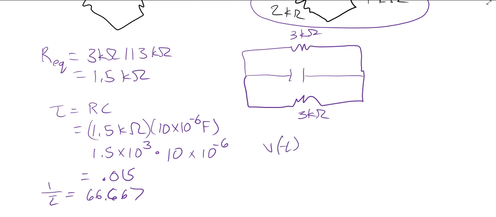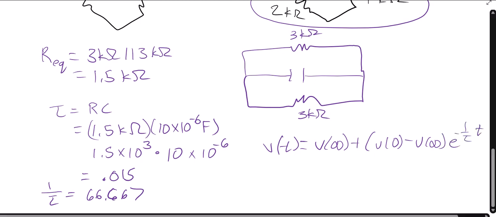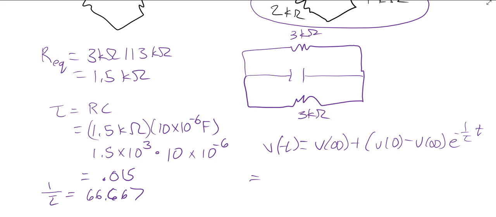And then V of t equals V of infinity plus V of 0 minus V at infinity, e to the minus 1 over tau times t. That's why we did all this. That's why we found V at infinity, which was 0.